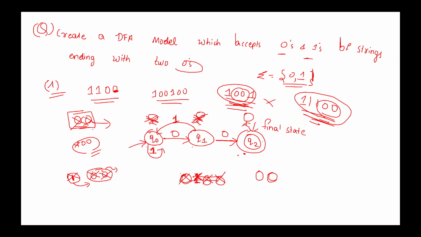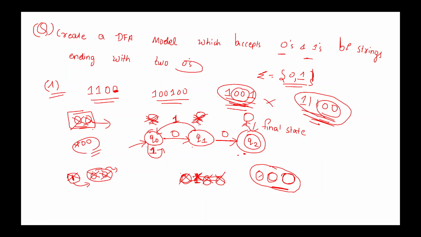And now q1 on 0 has to be defined, right? You take this 0. This is your example problem. By these examples, you need to define your state diagram. This example satisfies my condition, because it ends with two zeros.